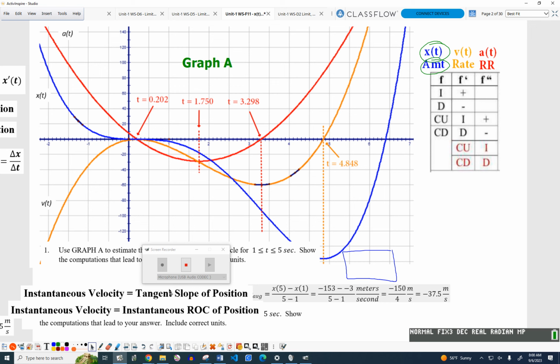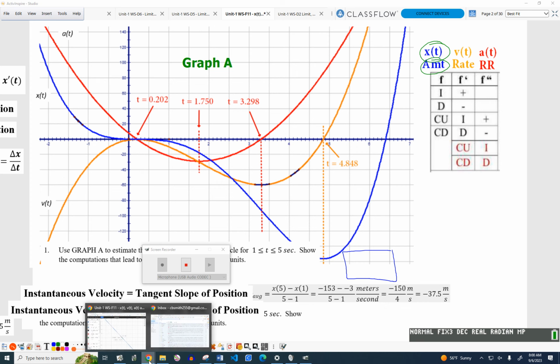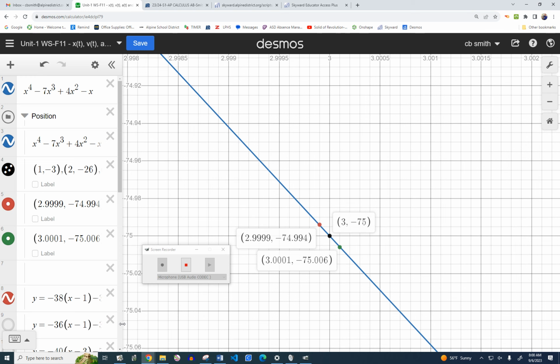And secant is like over a certain average. So a secant slope is always a slope between 2 points. So if you go back to here, he's finding the secant slope between this red and this black dot. And then he's finding the secant slope between the green and the black.